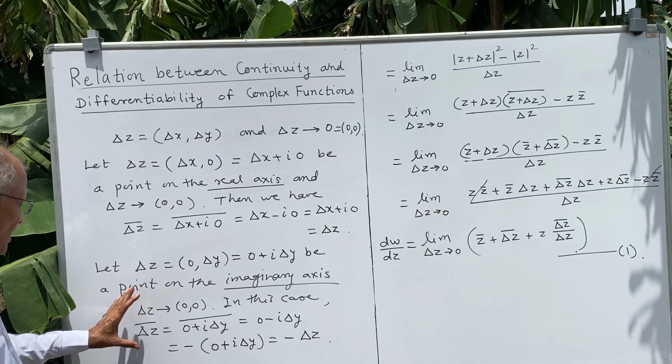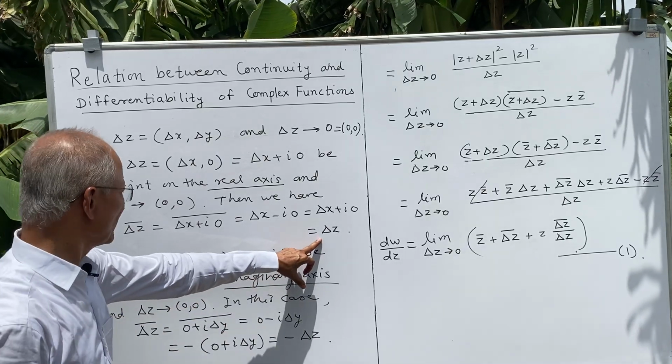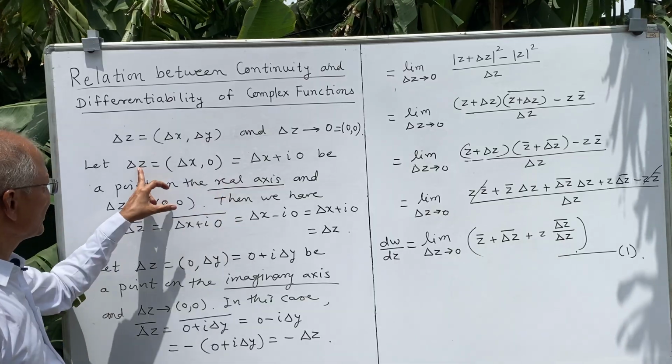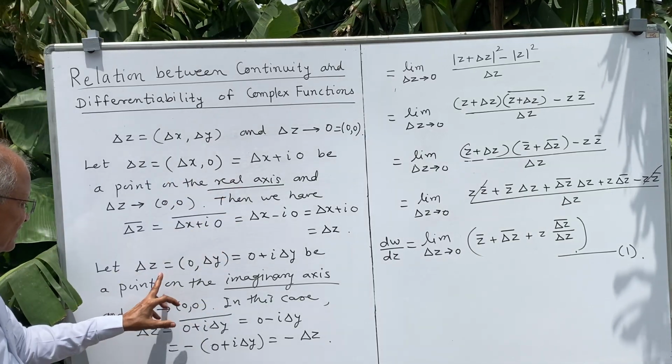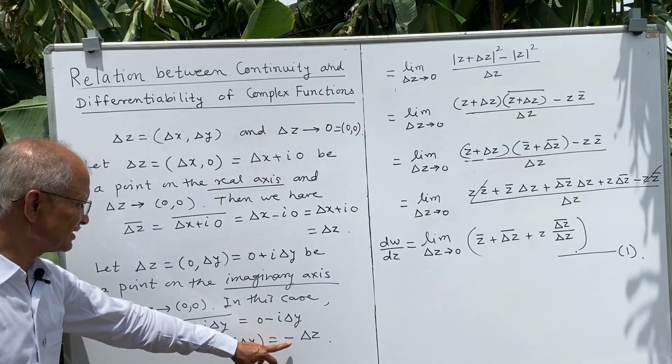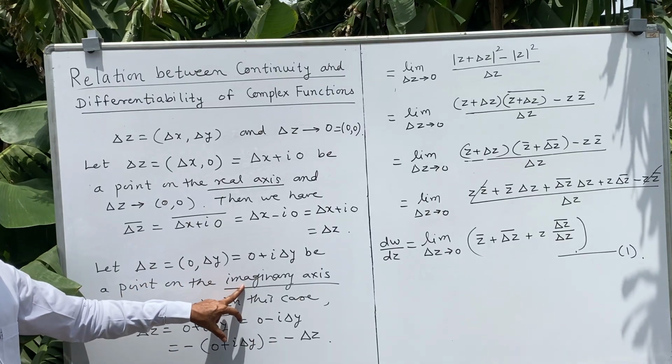So thus the conjugate of delta z has two different values. It is equal to delta z when the point delta z approaches the origin along the real axis, and it is equal to negative of delta z when delta z approaches (0, 0) along the imaginary axis.